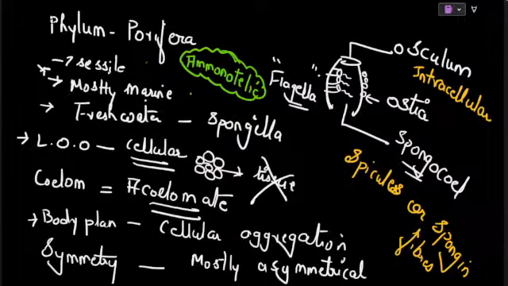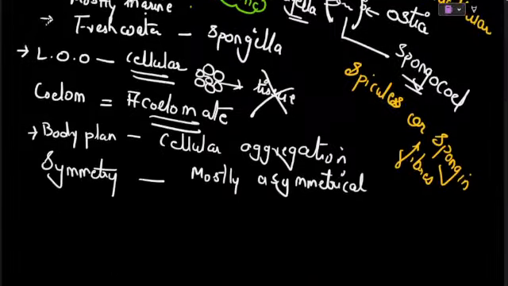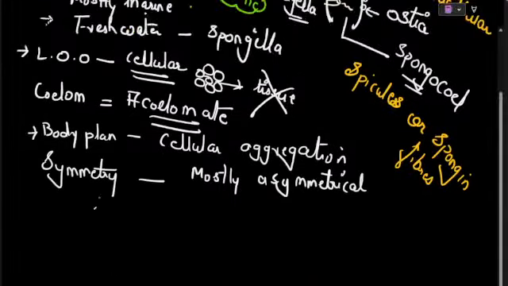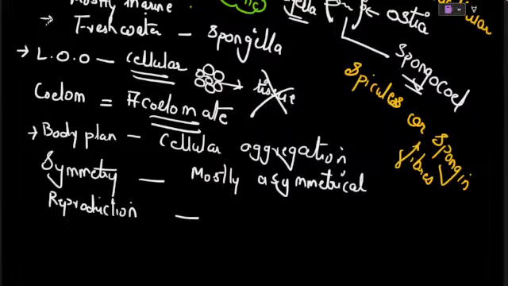What about reproduction? Sexes are not separate. At that time, we use the term hermaphrodite or bisexual, correct?